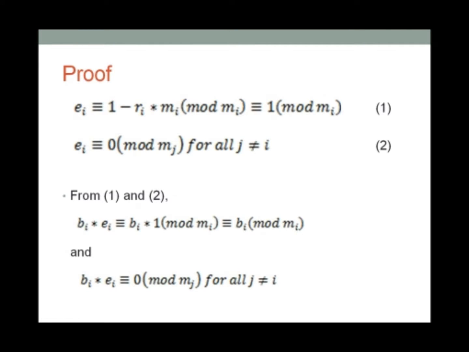Consider Bi times Ei. Bi times Ei is congruent to Bi times 1 mod Mi, and is congruent to Bi mod Mi, and Bi times Ei is congruent to 0 mod Mj for all j different from i, because Ei is congruent to 0 mod Mj.